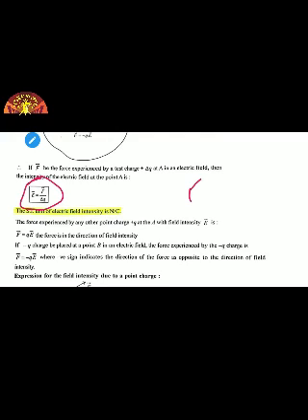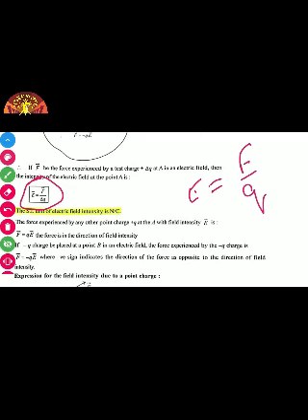You can even remember it as E equals F by q, where q is the charge on which we measure the electric field due to any other charge capital Q.